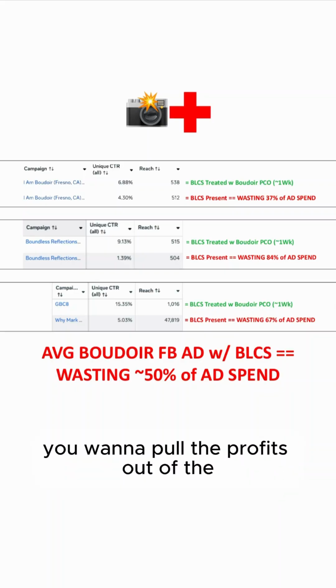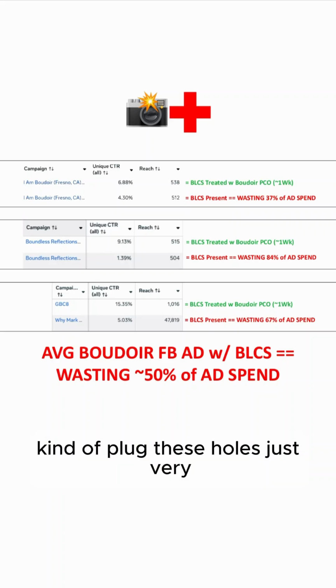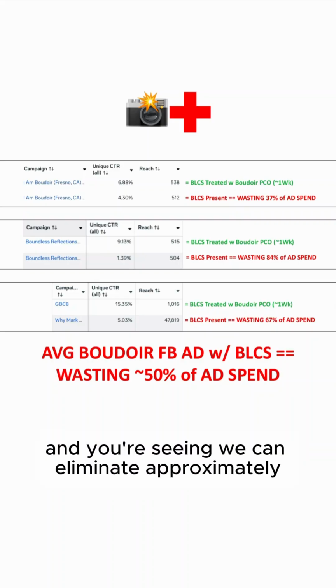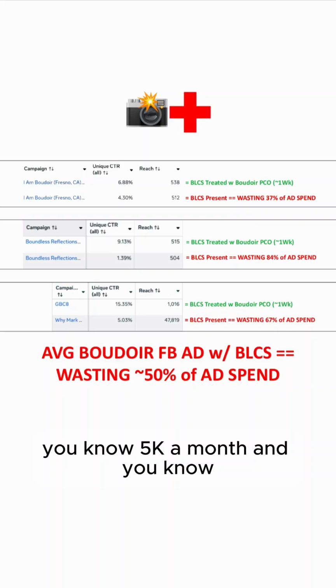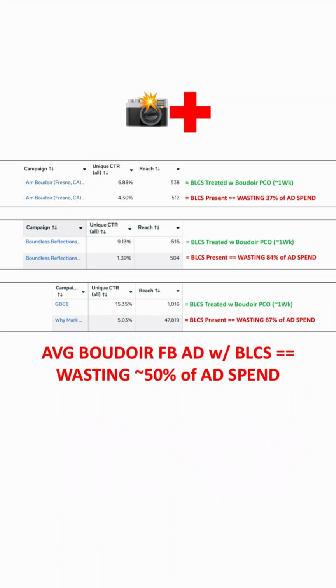You want to pull the profits out of your Facebook ad part of your business, plug these holes, which is very quick, takes only about a week. And you're seeing we can eliminate approximately 5K a month, approximately 50%, in wasted Boudoir Facebook ad spend.